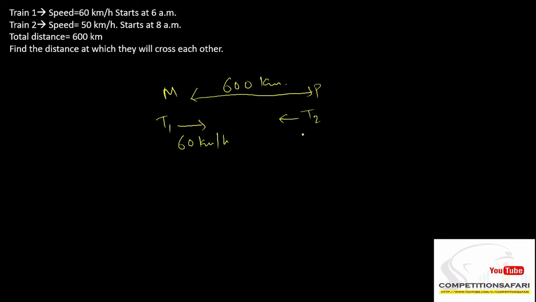So we have train 1 traveling at a speed of 60 kilometers per hour and train 2 traveling at a speed of 80 kilometers per hour. Forgive me, it should be 80. Let's say Mumbai, Pune, and the total distance the trains are covering is 600 kilometers.